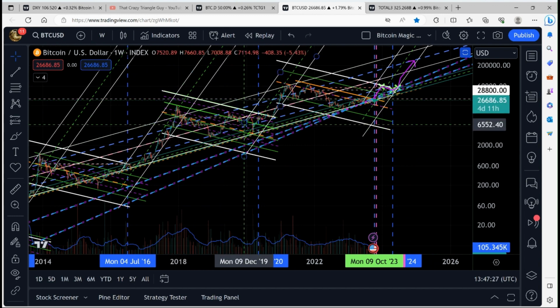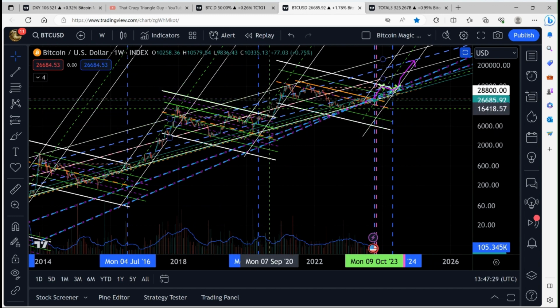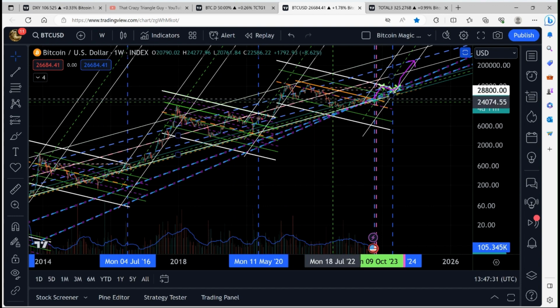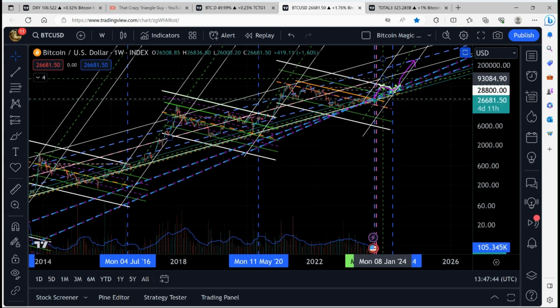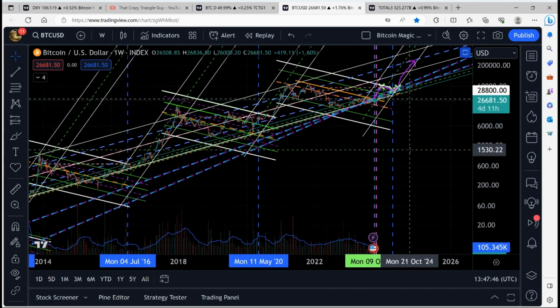Same here in the bear, and then boom. Same here currently in this bear market, and we are, where are we? We're right here somewhere, and we're about to start heading upwards.